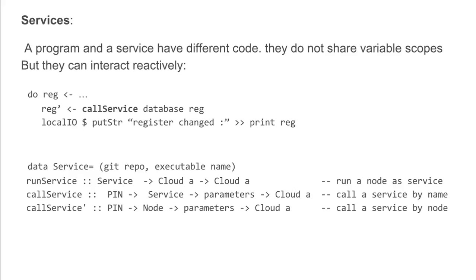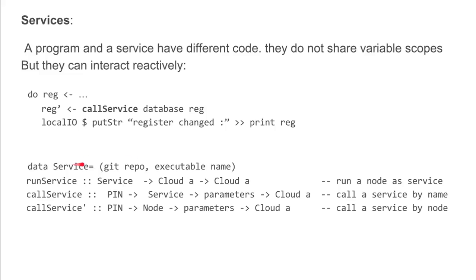That makes sense, because one node can be devoted to database, another to user interface, etc. So that's the good thing about services. We have some easy primitives to manage services, which make them easy to initiate and program and invoke.